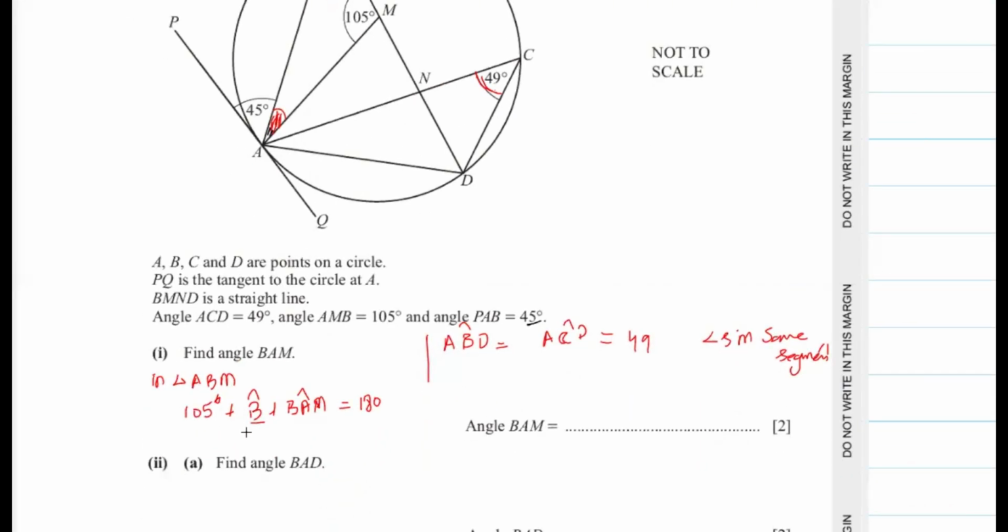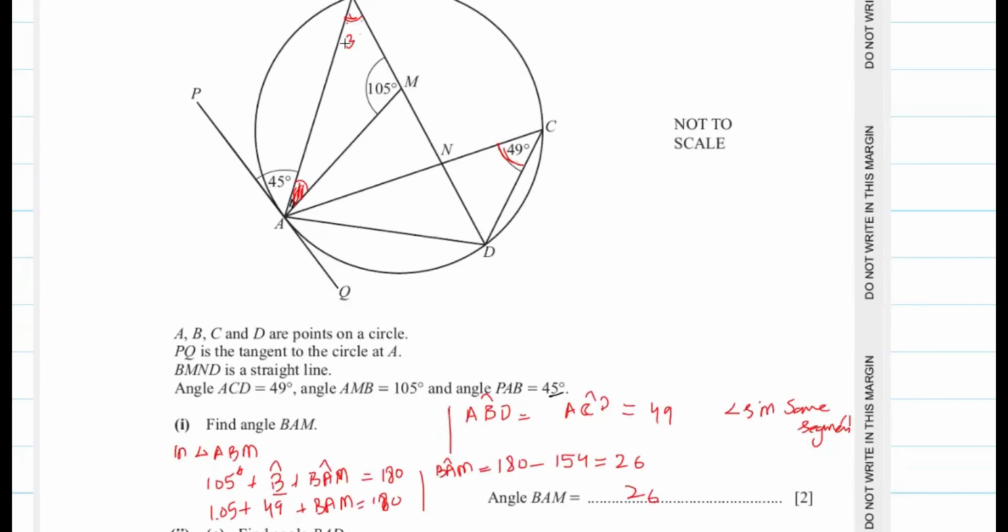We write here 49, and this is 105 plus BAM equal to 180, and we can write 180 minus 105 plus 49 is 154. We write 180 minus 154. This will be equal to 26, angle BAM.